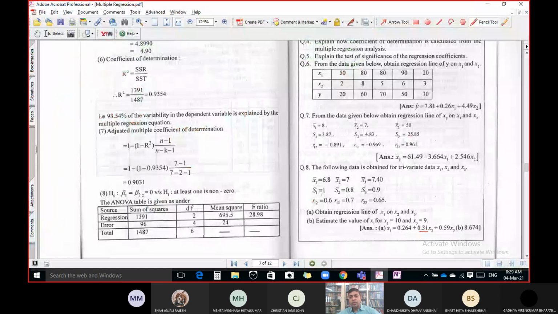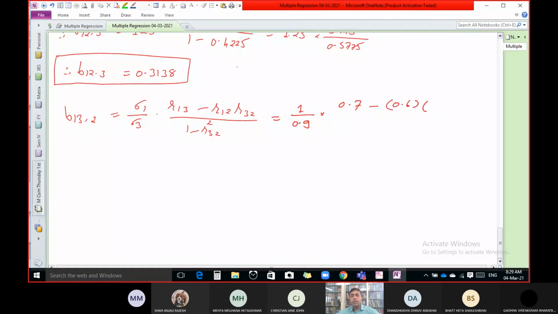So 1 divided by 0.9 into (R13, which is 0.7, minus R12 R32). Now listen, R32, the relation between third variable and second variable, is the same as the relation between second variable and third variable. So R23 and R32 are the same. R12 and R21 are also equal, and R13 is the same as R31. So R32 is nothing but R23, 0.65.